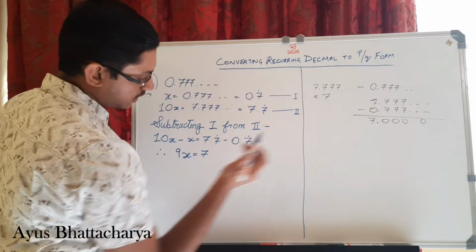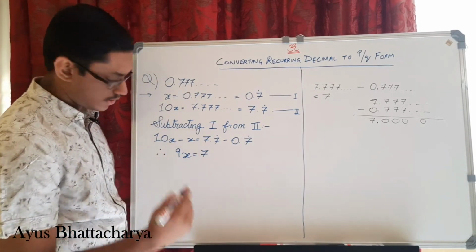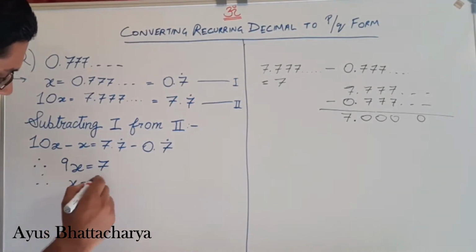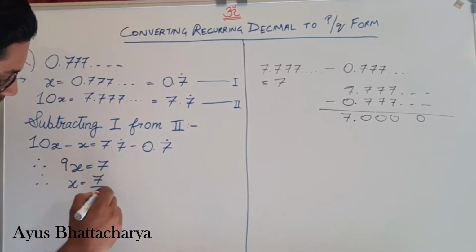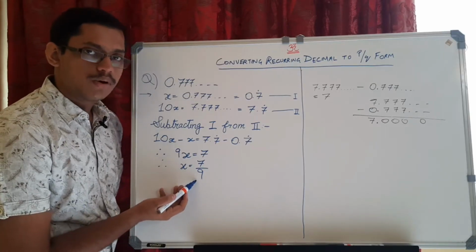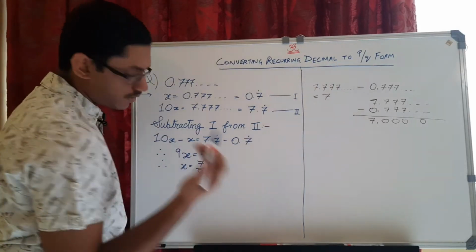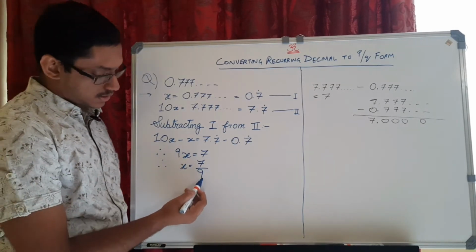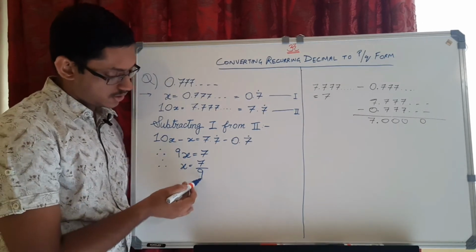We have seen right now that this answer is 7. So again we put a therefore sign. x is equal to 7 upon 9. Is this a p by q form? Of course, p by q is a fraction. We have to write it in fraction form. Is q non-zero? Of course it is non-zero, it is 9.